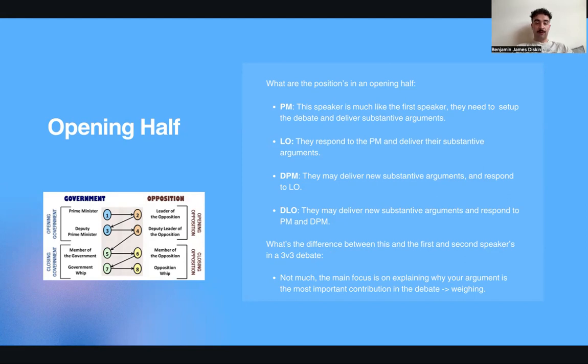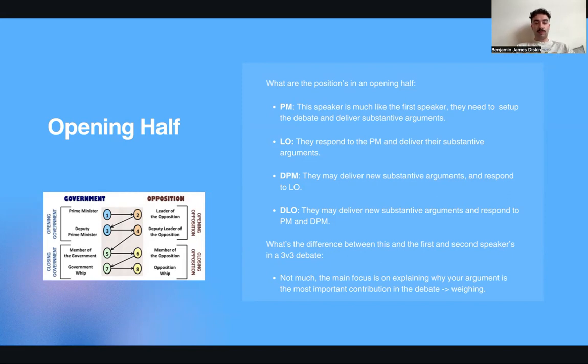Following the leader of the opposition, we have the deputy prime minister. They may add new substantive if they wish. And in BP debating, you can think of the deputy prime minister like a second affirmative, in that they need to get up, they need to respond to what the opposite team has just said, and they can, if they wish, provide some new substantive.